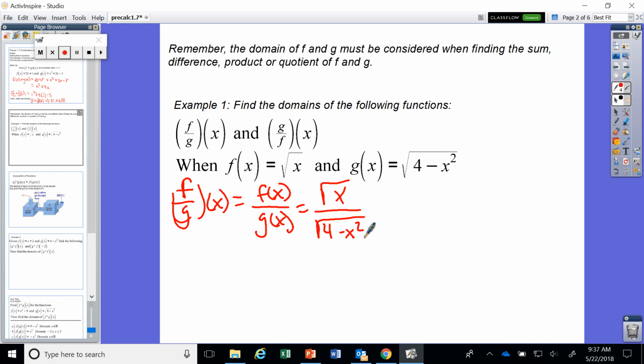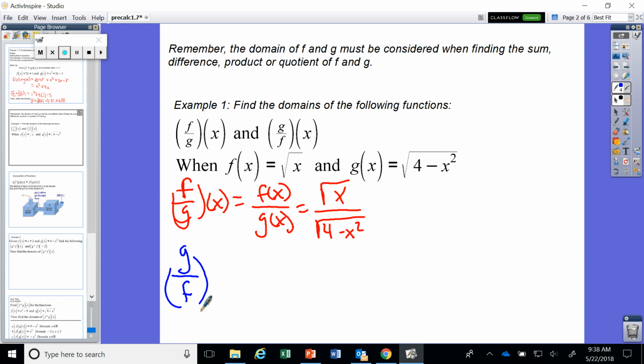We can get rid of the root in the denominator, but that's not what I'm concerned with at the moment. What I want to do first is start thinking of what the domain of f over g is in comparison to what g over f is. So let's find out what g over f is first and compare the domains we're dealing with.